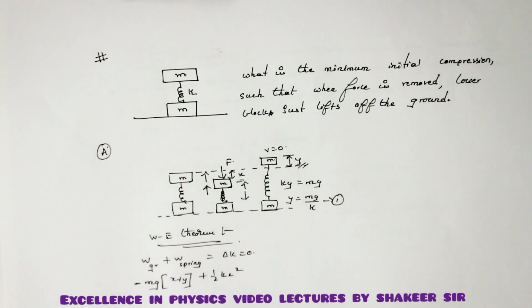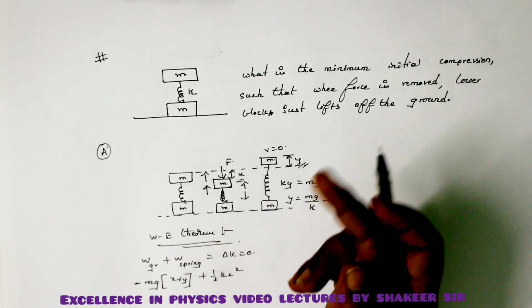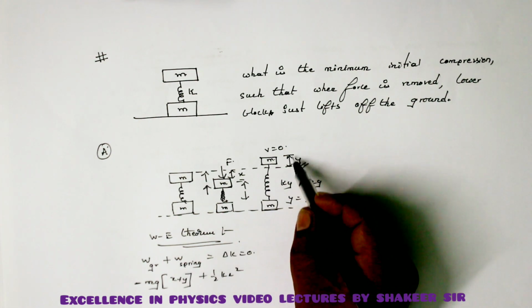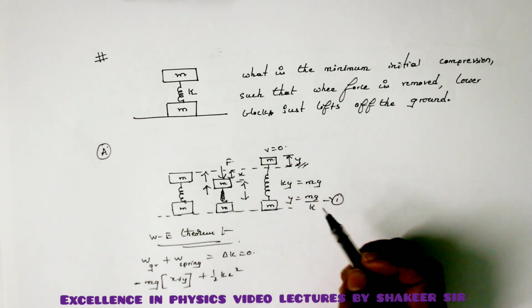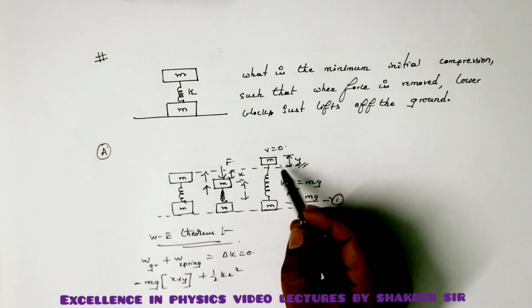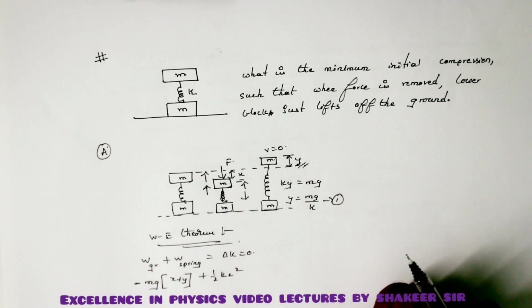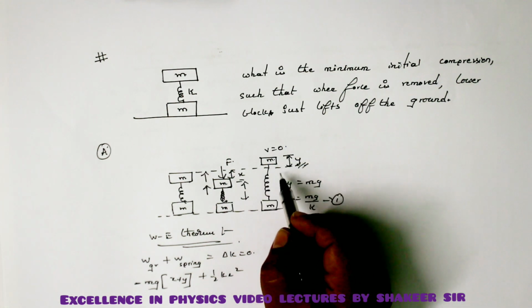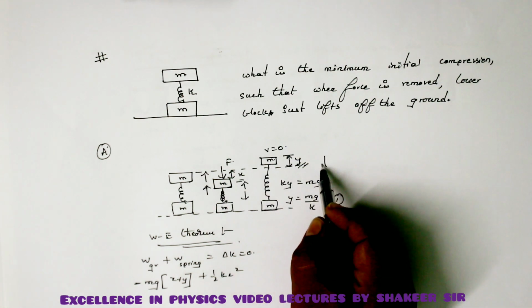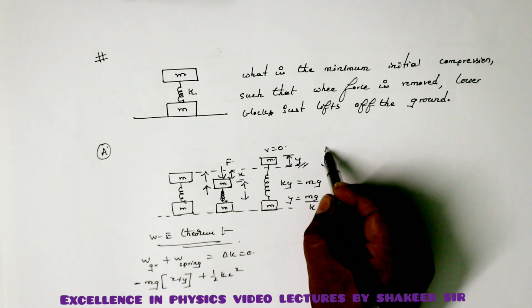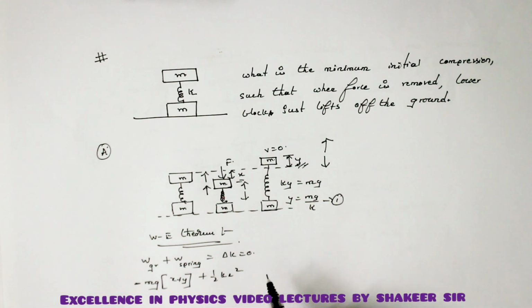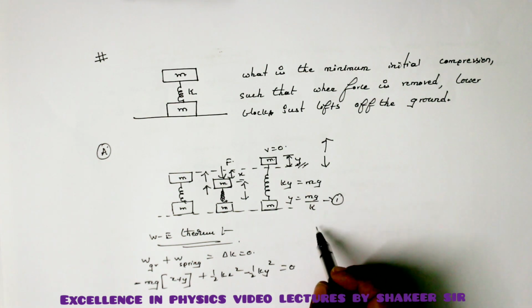This is the work done by the spring up to the mean position. From the mean position, it is again elongated by a distance of y, and from here onwards the spring starts doing negative work, because from the mean position the restoring force acts in the downwards direction, but the elongation is in the upwards direction. So minus half k y square, and totally it should be equal to 0.